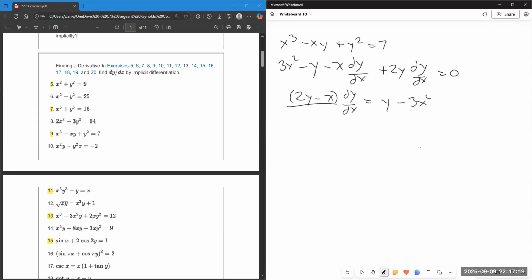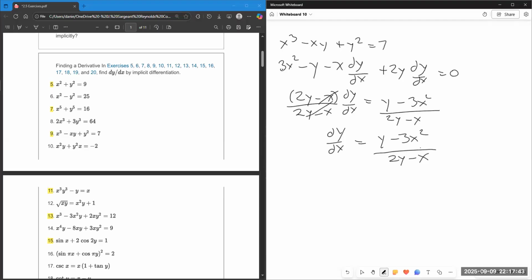Then we're going to divide by our coefficient. And there's our answer for number 9.